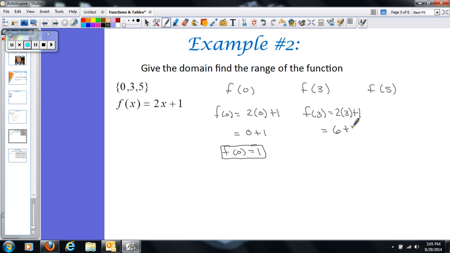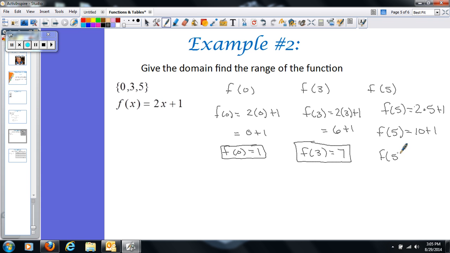That's 6 plus 1, giving me that f of 3 equals 7. Then f of 5 equals 2 times 5 plus 1, which is 10 plus 1, giving me f of 5 equals 11.